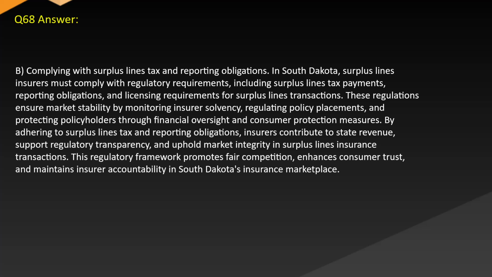By adhering to surplus lines tax and reporting obligations, insurers contribute to state revenue, support regulatory transparency, and uphold market integrity in surplus lines insurance transactions. This regulatory framework promotes fair competition, enhances consumer trust, and maintains insurer accountability in South Dakota's insurance marketplace.